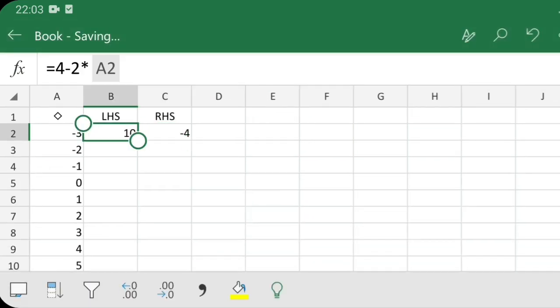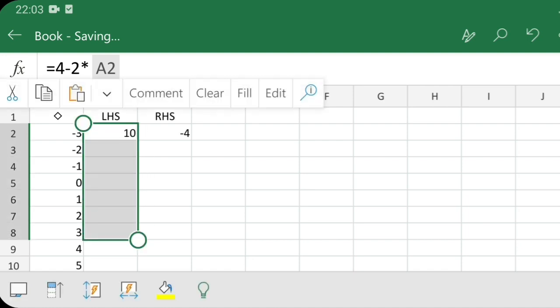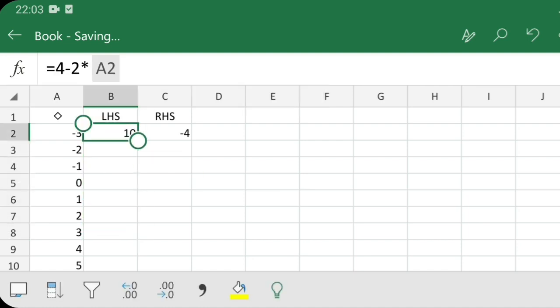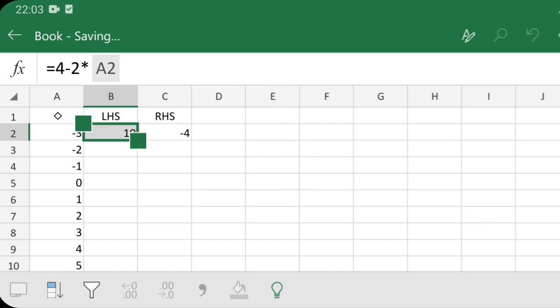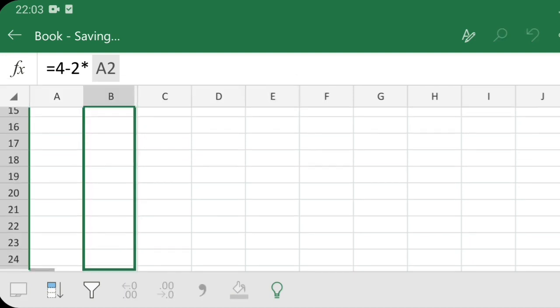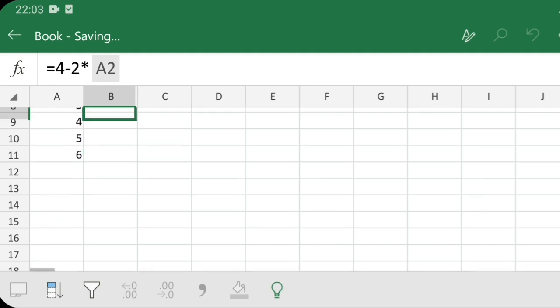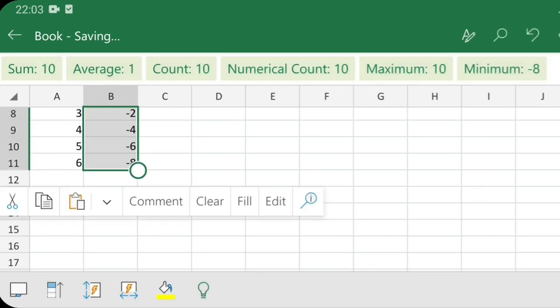And then after that you cannot drag like this because it is different from Microsoft Excel on PC or laptop. You have to click the box and then fill, and then you can drag like this.